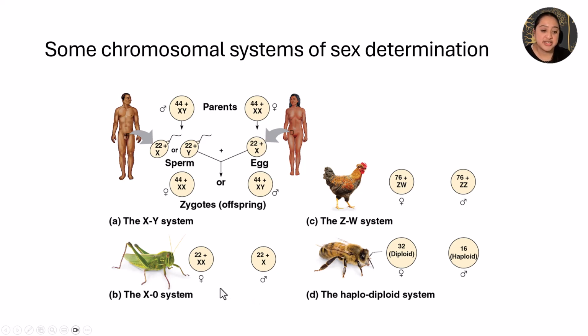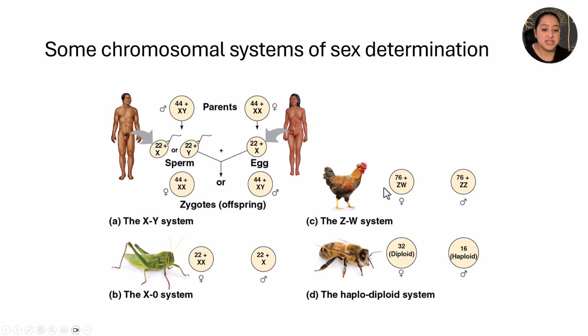There is the XO system, or X0 basically. So grasshoppers, for example, or like the fruit flies that I used to work with. Not fruit flies, the worms. So you either have two X's and are female, or just one X. There's like nothing else. There's no Y. So that's why it's X0 or XO. And that means male.